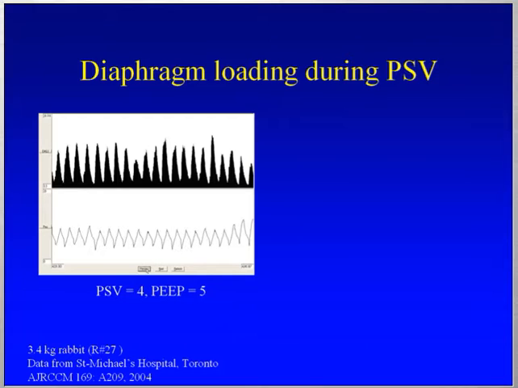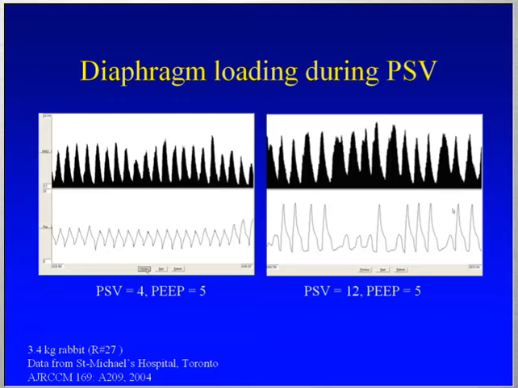Now let's look at what happens during pressure support in the same animal model. Again, we have a rabbit with an acute lung injury, the diaphragm electrical activity signals on the top, and the airway pressure on the bottom when pressure support was 4. And things look okay. If we wanted to unload this rabbit, however, when we increased the pressure support level to 12, we found there was an increasing amount of wasted inspiratory efforts.